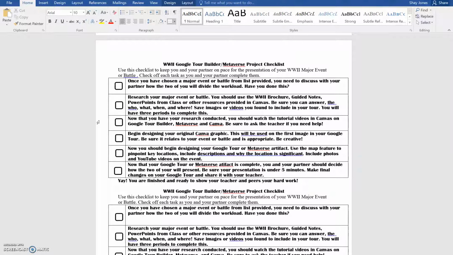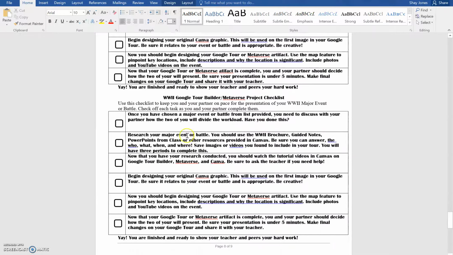If you do a project beforehand where you've used different technologies, maybe on a smaller scale, I think that's a really good idea to help get them comfortable with the technologies before you have a big project like this. My students have already used Canva, so they're pretty comfortable with that. Google Tour Builder and Metaverse would take them a little bit of time, so you have to build that into the lesson, giving them time to get used to the project and to the tool.